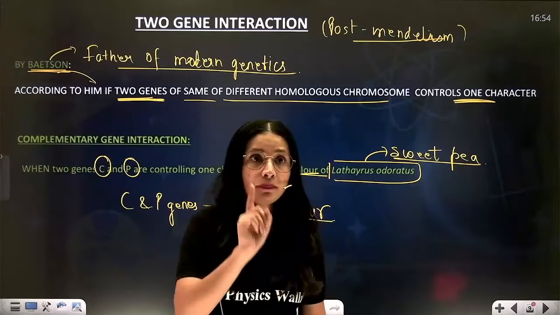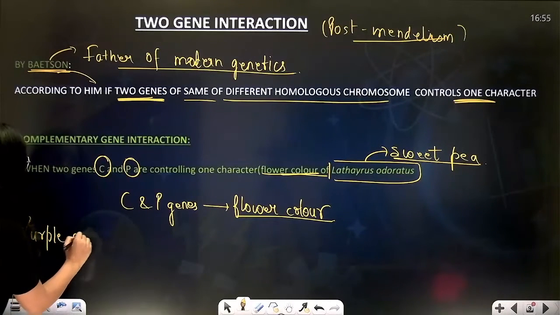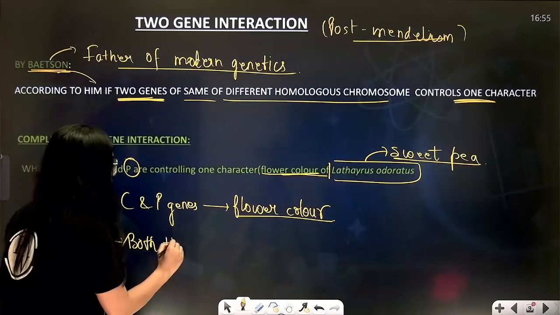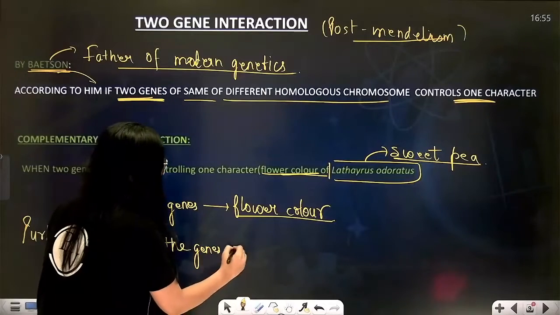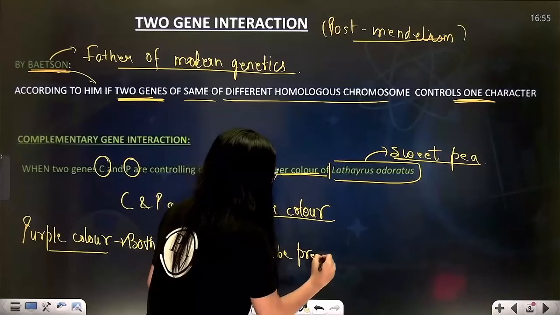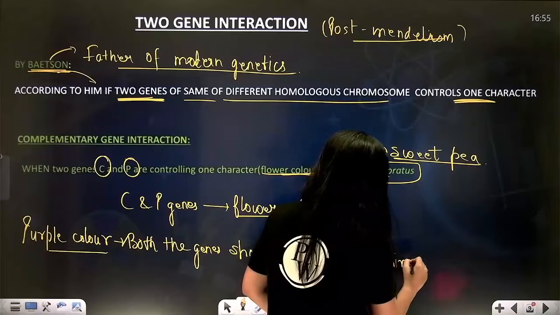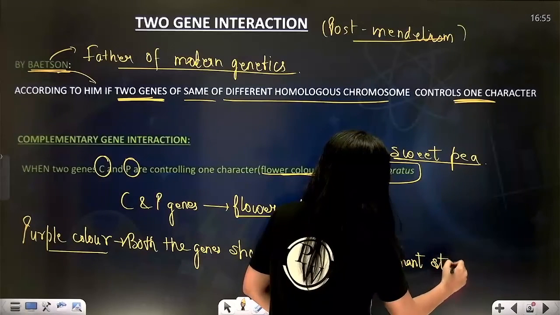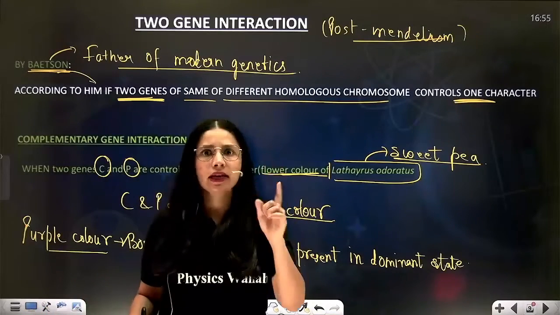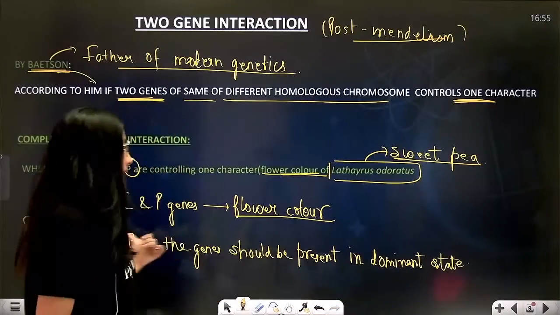That means to bring purple color in the flower, I'll tell you the reason also, both the genes should be present in dominant state. Both the genes should be present in dominant state to bring the flower color as purple.